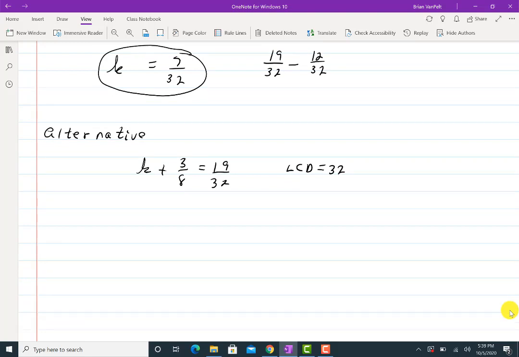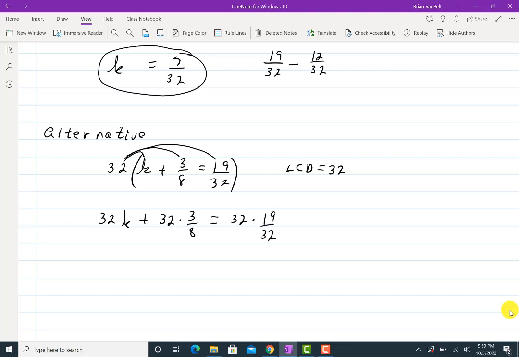But what I'm going to do is multiply both sides, or multiply the whole equation by 32. So if you remember your distributive property, that means I've got to multiply 32 times each and every one of those things. So I will get a 32k plus 32 times 3/8 equals 32 times 19 over 32.